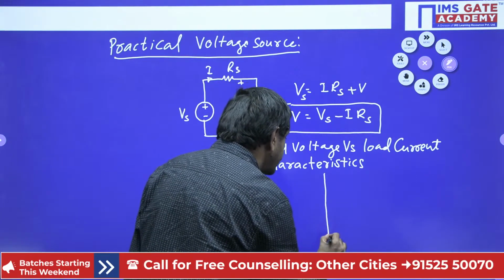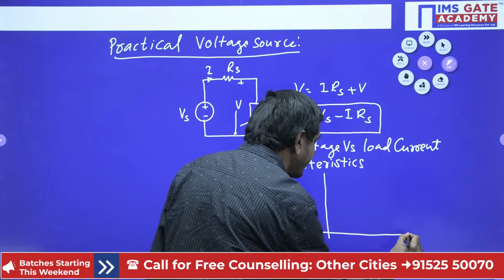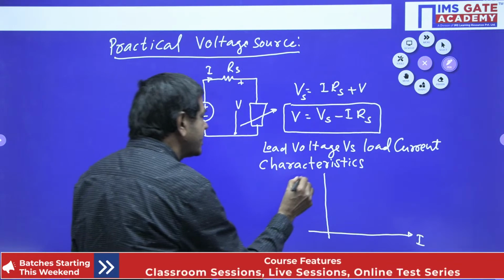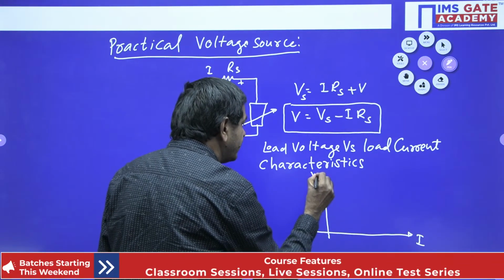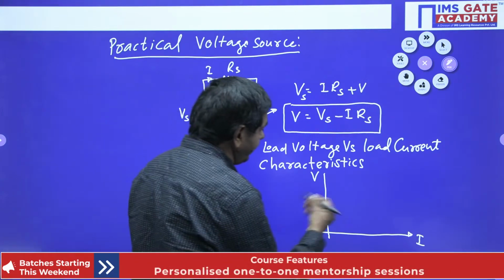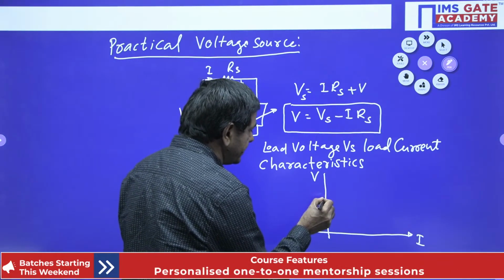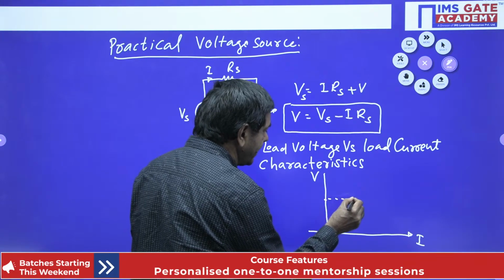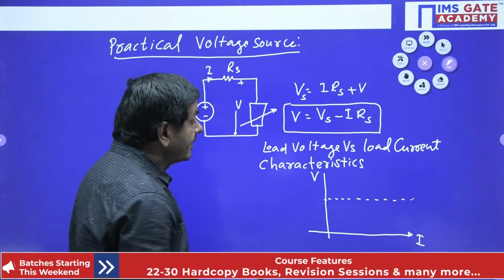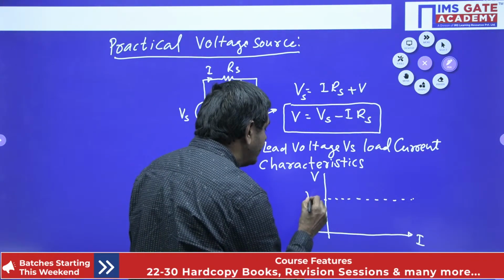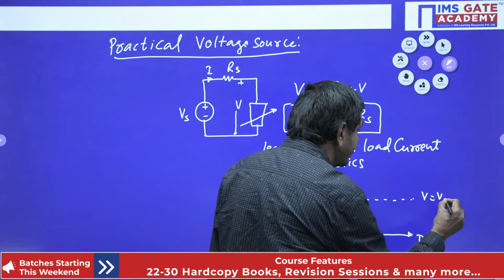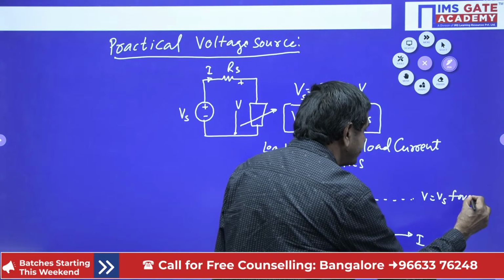In the x-axis, I can put current. In the y-axis, this must be the load voltage, V. We know very well, when it is ideal, it comes this way. Dotted lines I have taken here. This is the Vs value I said already. In this case, V equals Vs is possible, I said already, for the ideal case.